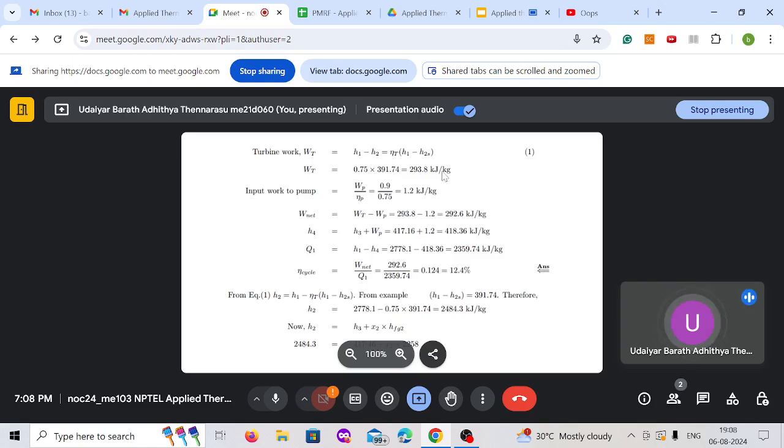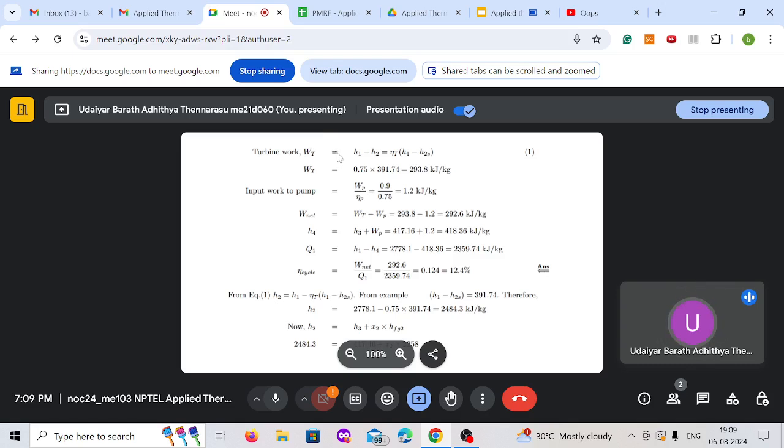The input work to the pump is WP divided by the efficiency of the pump, which is 0.9 by 0.75. So the pump work now is 1.2 kilojoule per kg.